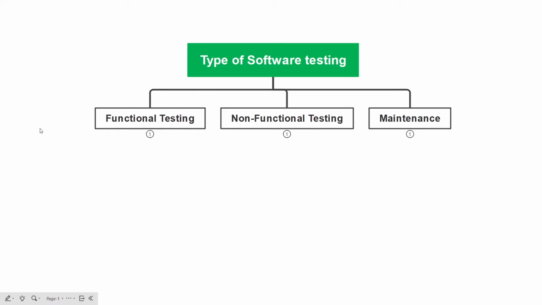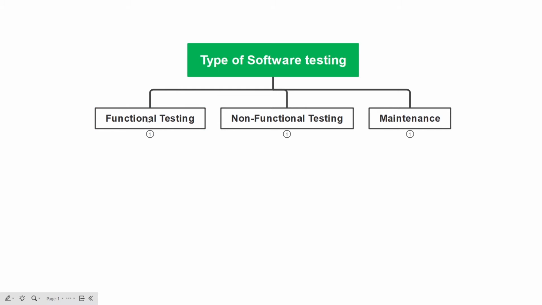In functional testing we can check the functionality of the application, like the fields of the application, the elements, and links. All of that functionality we can cover in functional testing.